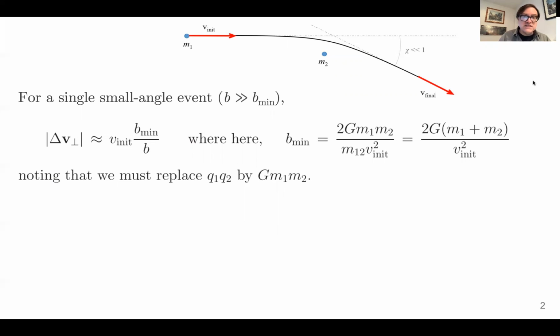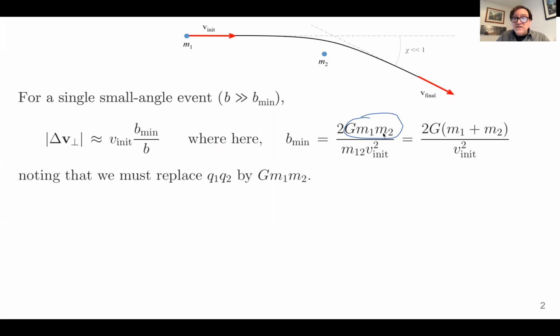So we can use this approximation that the actual impact parameter is much bigger than b_min, which we define in exactly the same way that we did before, except that in the magnitude of the 1 over r squared force, there's a GMM instead of a Q1 Q2, and that just gets plopped right into the definition instead of the Q1 Q2.